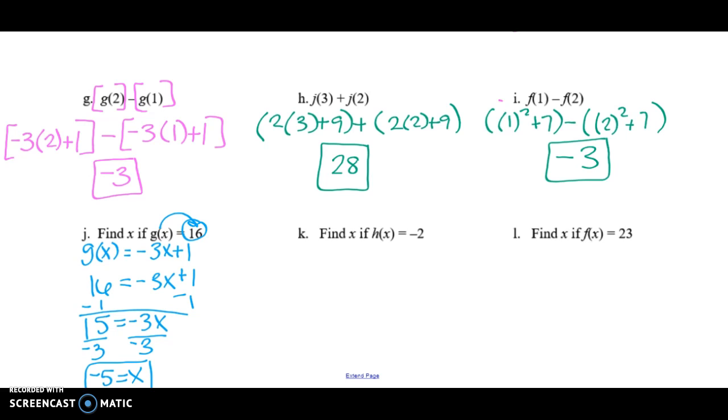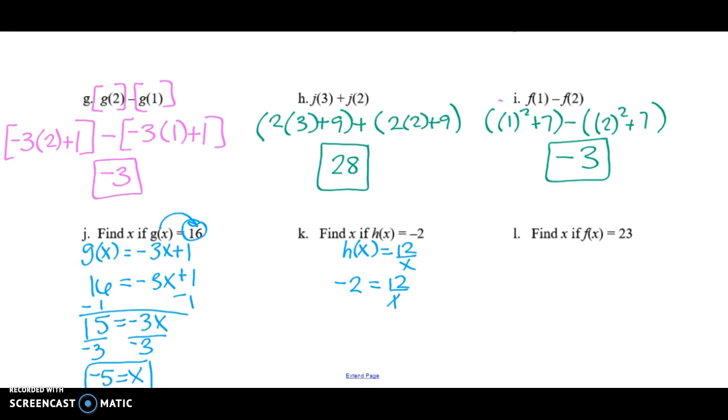Same process for these other 2. It's a little bit different, so I guess we'll just run through them quick. If h of x is equal to negative 2, I remember that h of x is equal to 12 over x, but h of x is equal to negative 2.